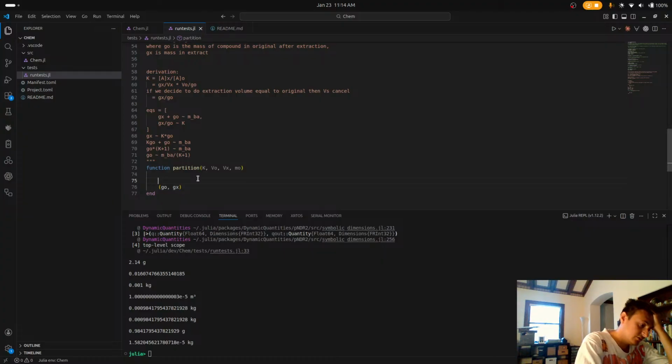These are known or basically decided by the protocol. You kind of get to choose all of these things, but then this is just scientific data.